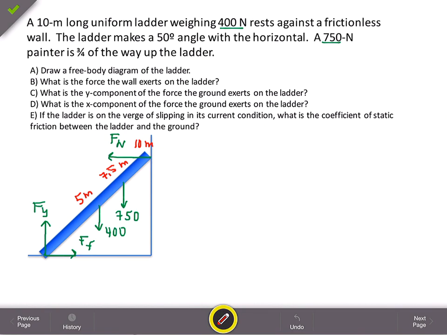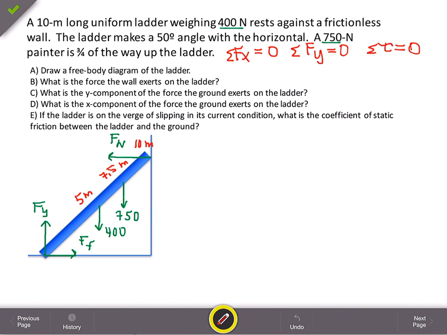Part B says, what is the force that the wall exerts on the ladder? So in order to solve these problems, I'm going to need to use my conditions for equilibrium, which say that the sum of the forces in the x direction equals 0, sum of the forces in the y direction equals 0, and that the sum of the torques equals 0.